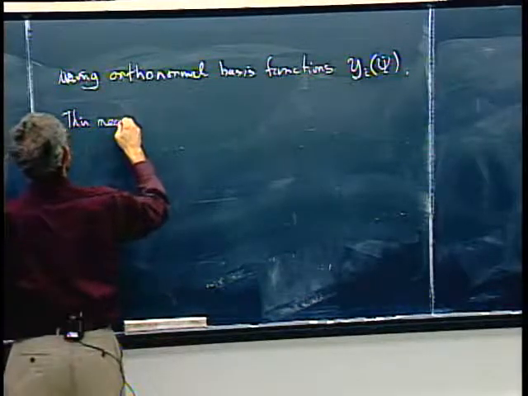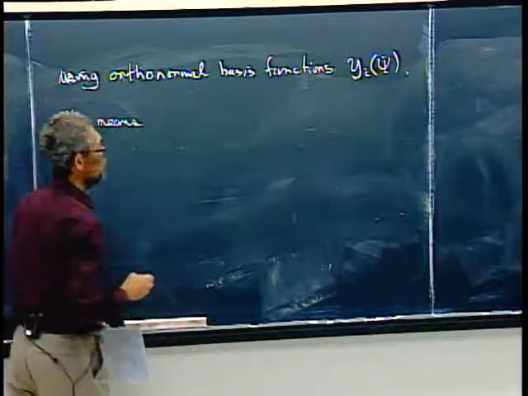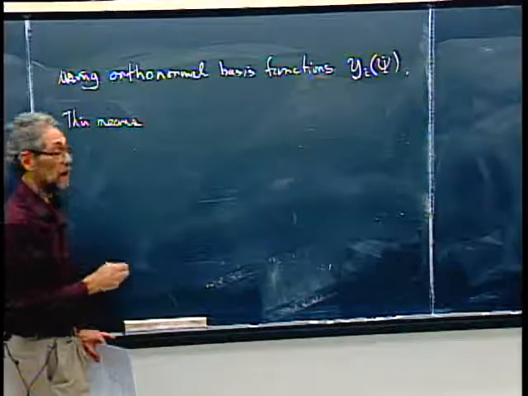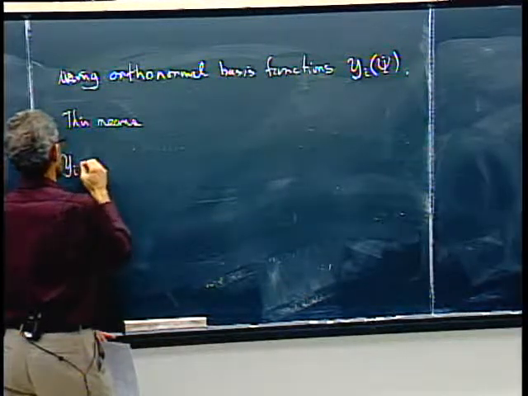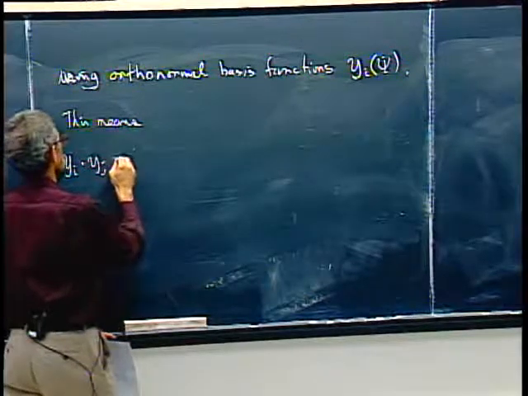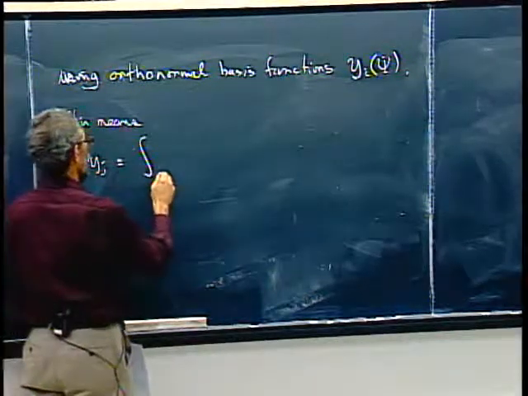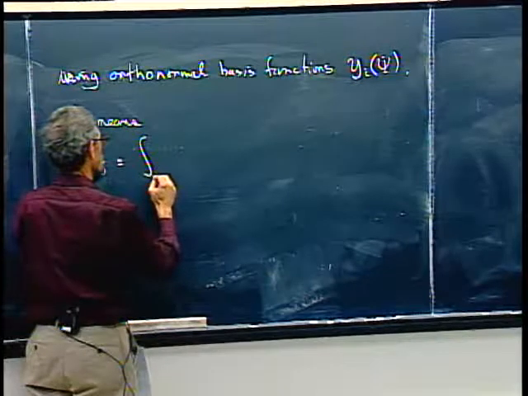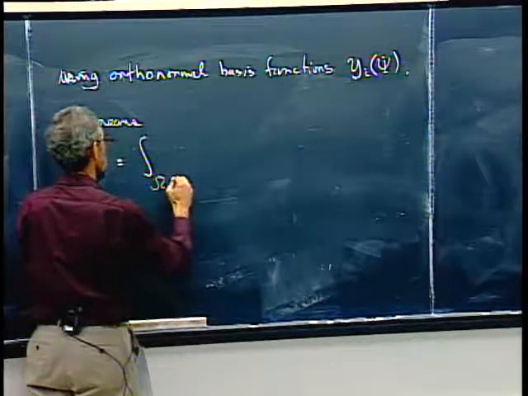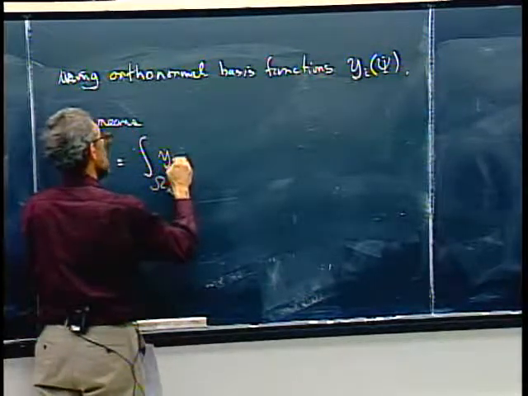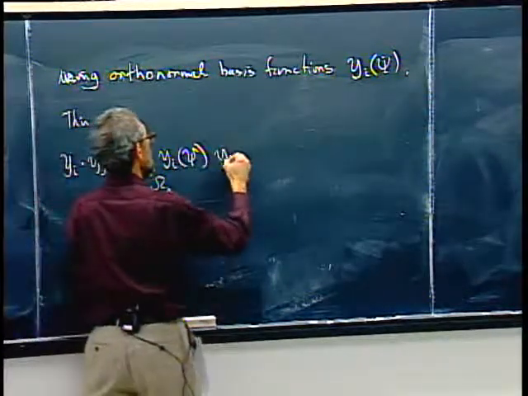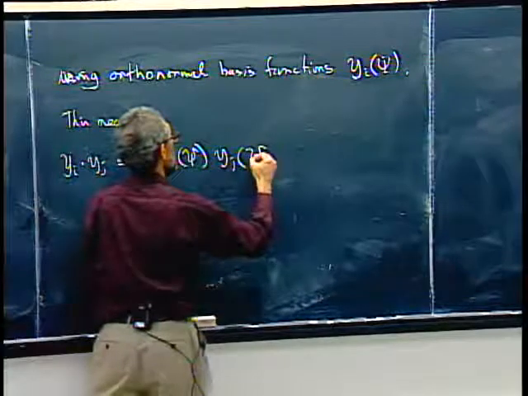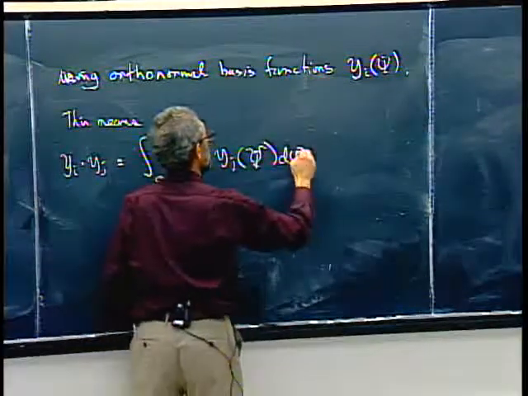Orthonormal means if we take the dot product of two of them, and in our context the dot product of yi and yj means the integral over the hemisphere of yi psi times yj psi d omega psi.